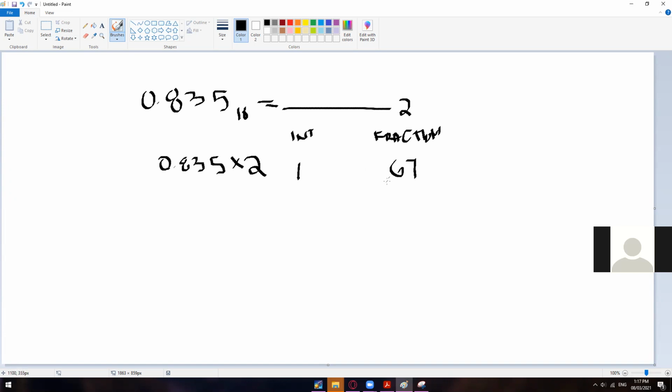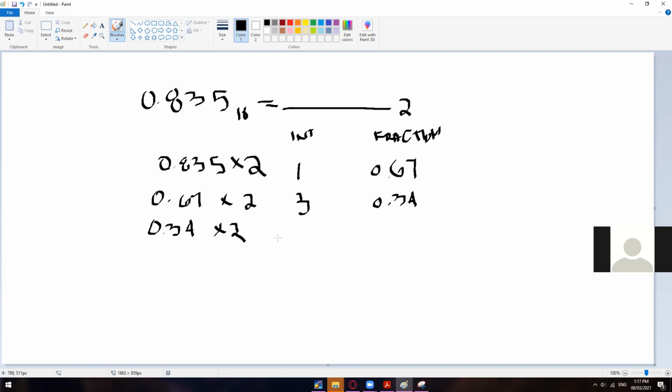Just copy this one, 0.67. 0.67 times 2 is equal to 1.34.